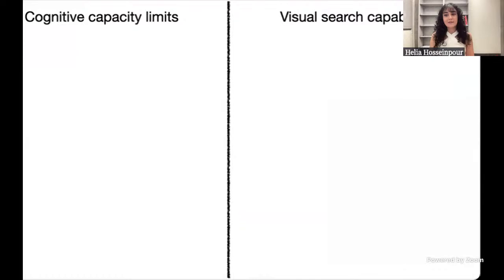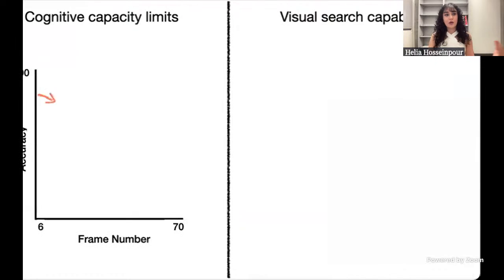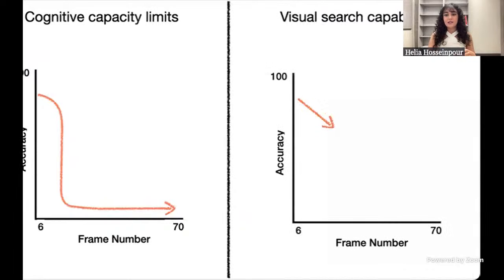Cognitive capacity limits suggest that there is a threshold beyond which people cannot hold more information mentally, leading to a dramatic drop in performance. Visual search capabilities refer to the ability of the visual system to recognize patterns and identify task-relevant items within an array, leading to a decline in performance in a linear fashion with increasing frame quantities.